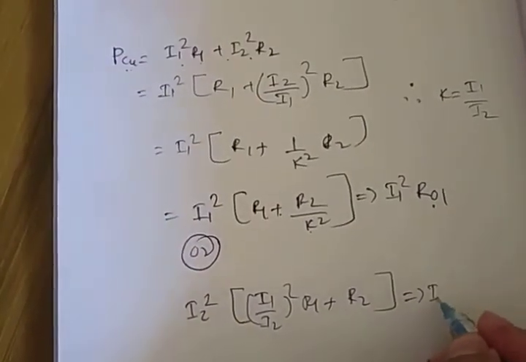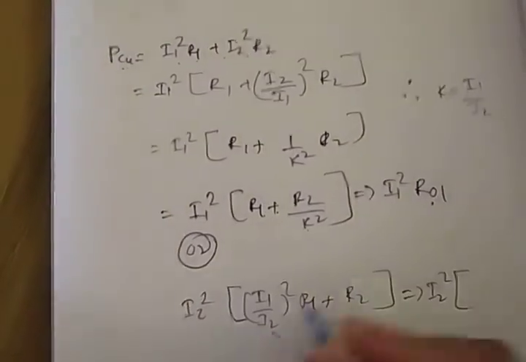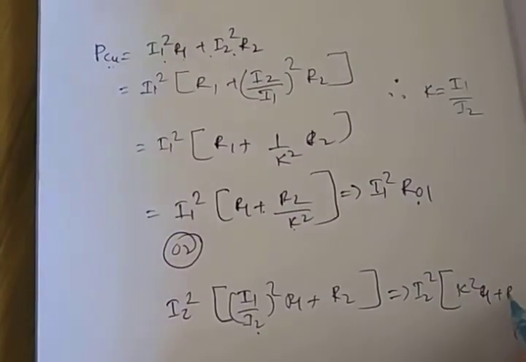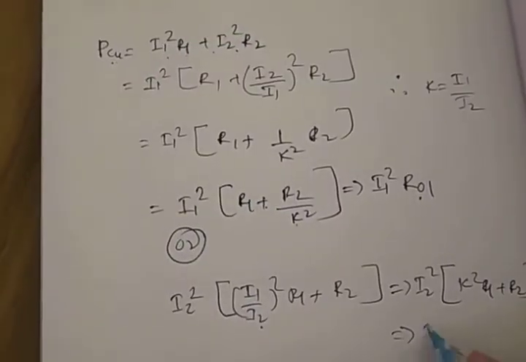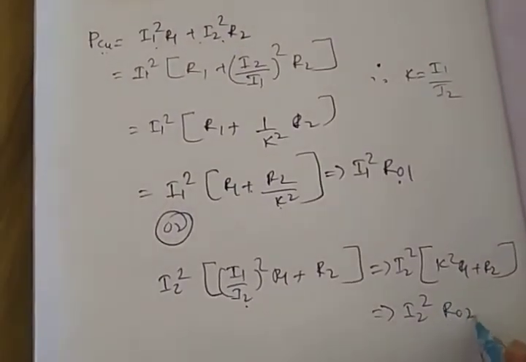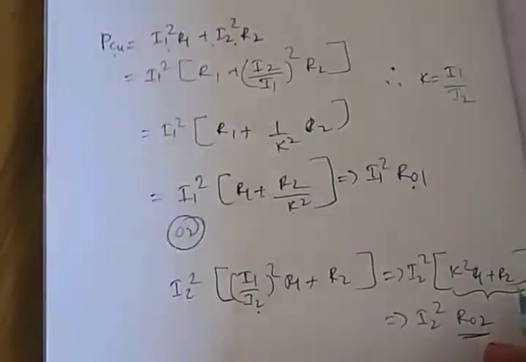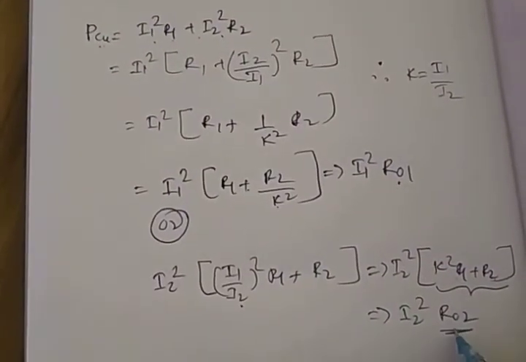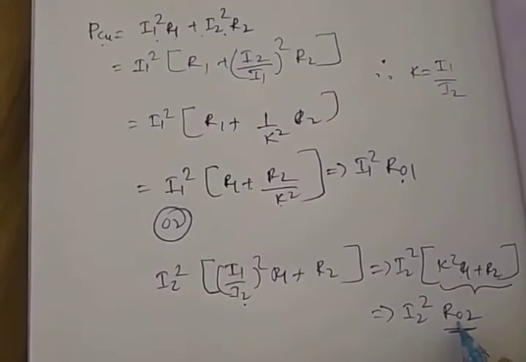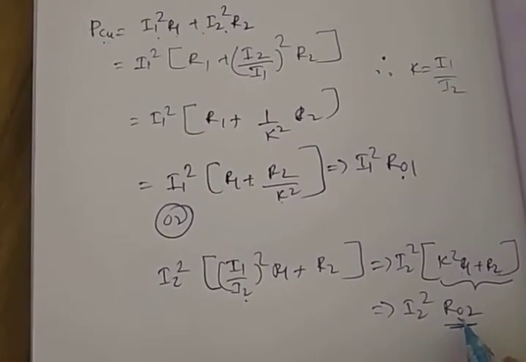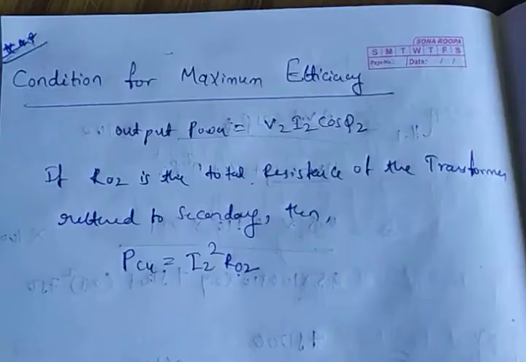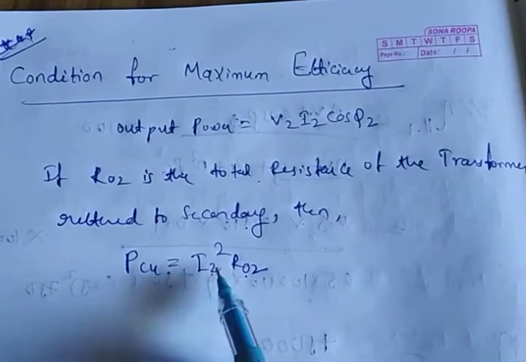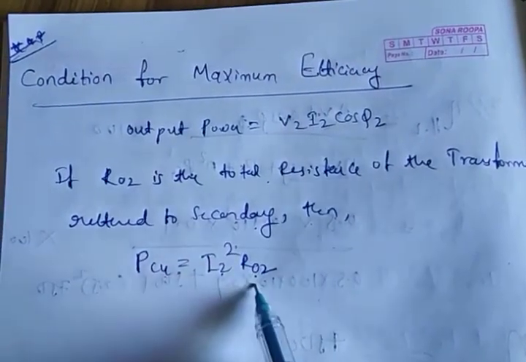I1 by I2 means K square, so it is K square R1 plus R2, and this I can write as I2 square into R02. So R2 plus K square R1 is equal to R02, which is nothing but the total resistance of the transformer referred to secondary, which we are using in the derivation. So PCU referred to the secondary side is I2 square into R02.